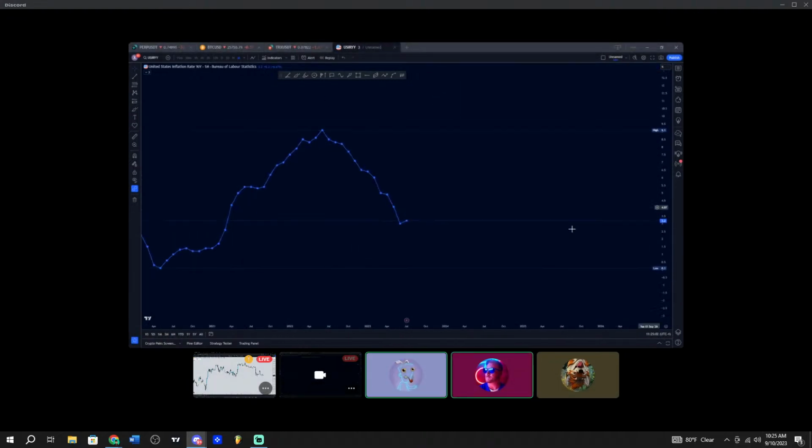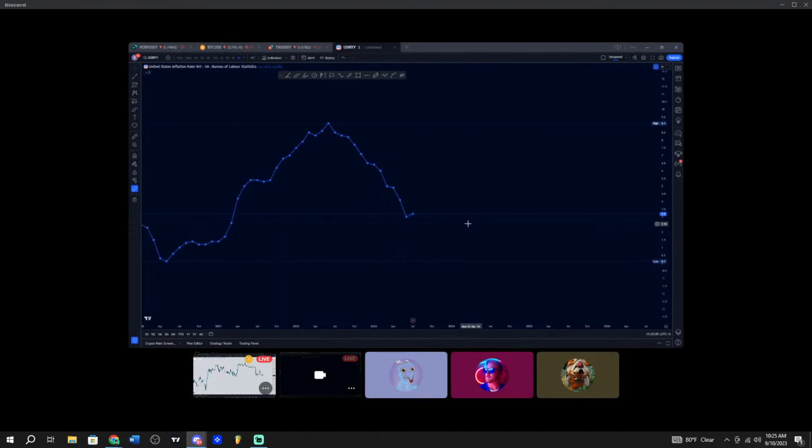So the next time they talk about that will be Wednesday, when they drop the CPI. And they're expecting 3.4. So 0.2% higher than previous. They want it to go up a little. So I don't know.